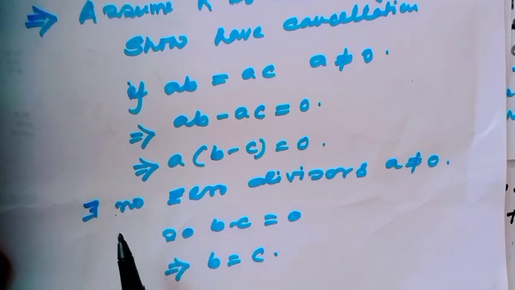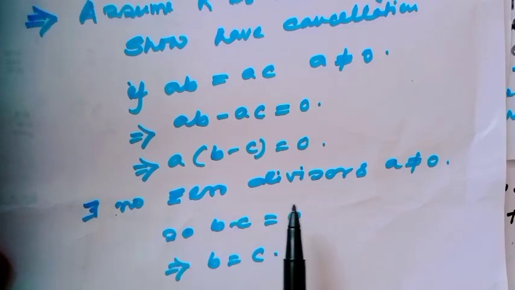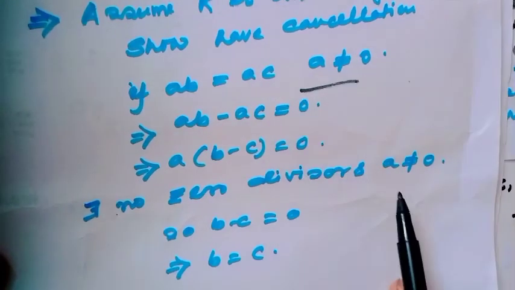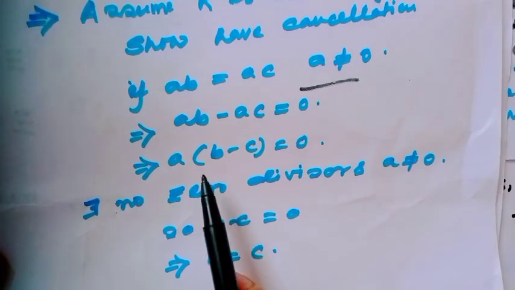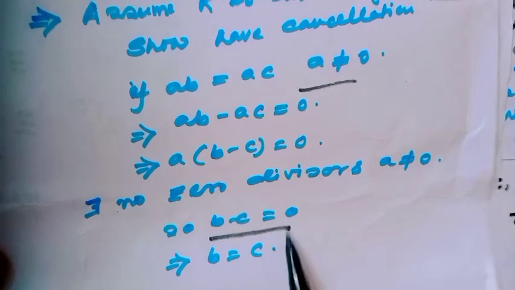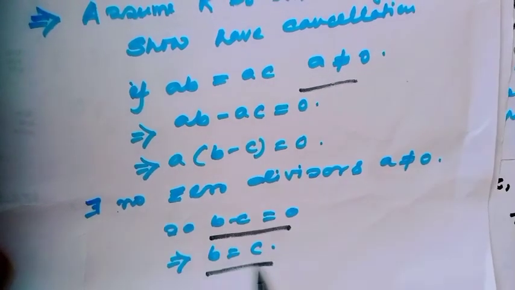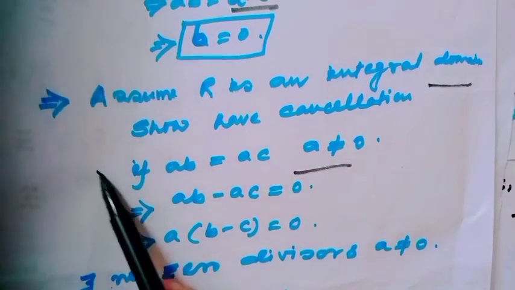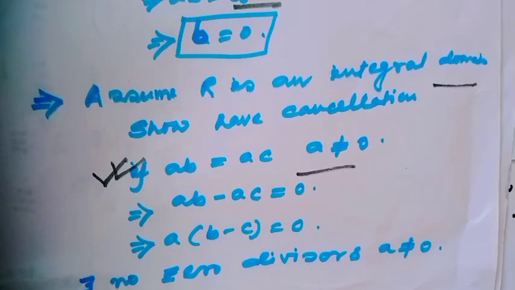Since in an integral domain there exists no divisor of 0, and here A is not equal to 0, obviously B - C should be equal to 0. That implies B = C. That means the cancellation law holds here. Are you getting the proof?